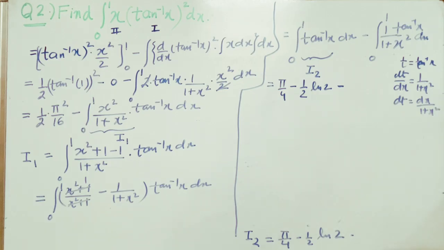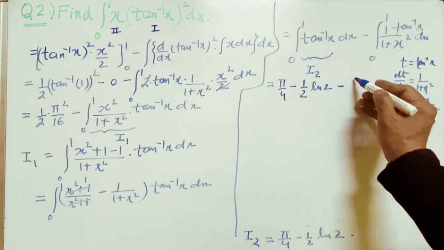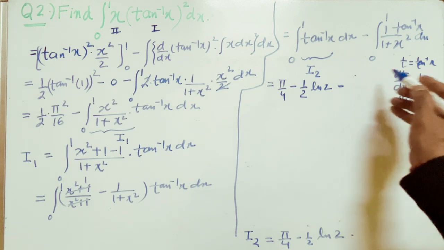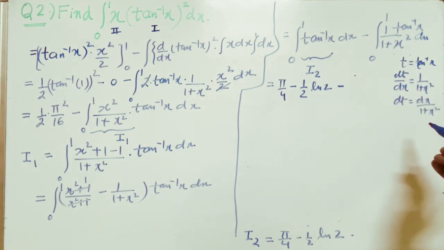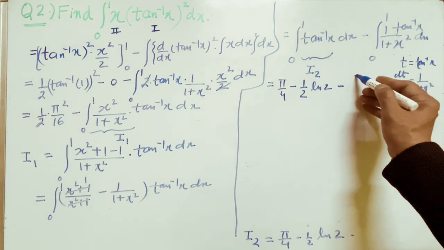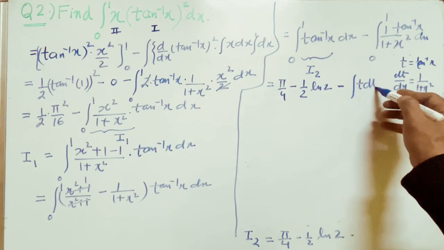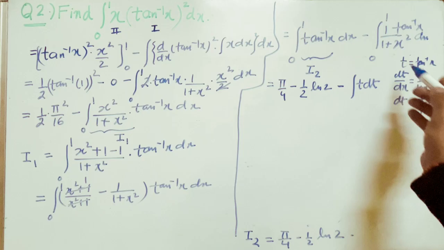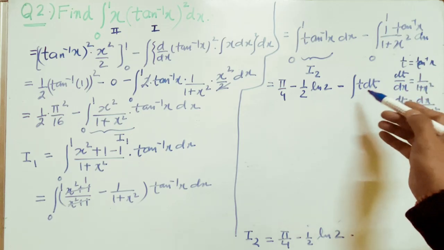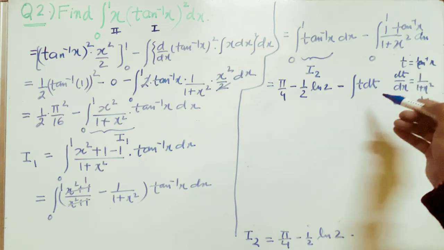So this whole thing will become t dt, right? So t dt means when we integrate it, I'm not putting limits because when we have changed the variable, the limit should also change. So I'm not changing the limits even.